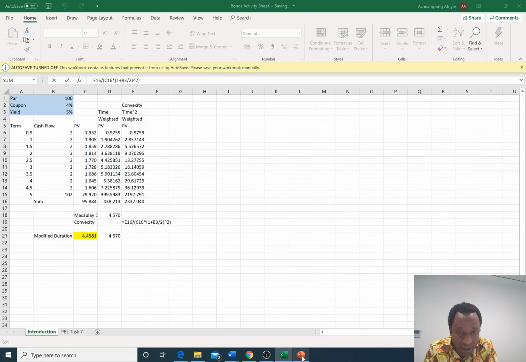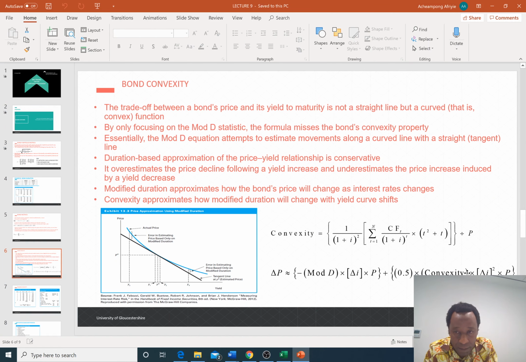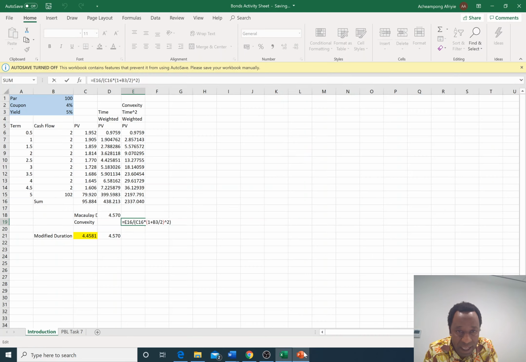Because as you can see there, I'm trying to take the present value squared of everything in that box there.